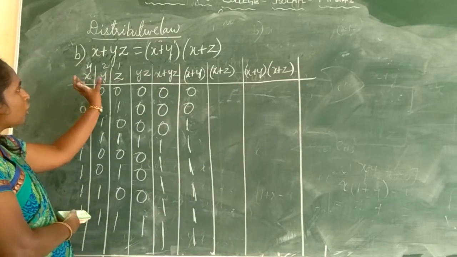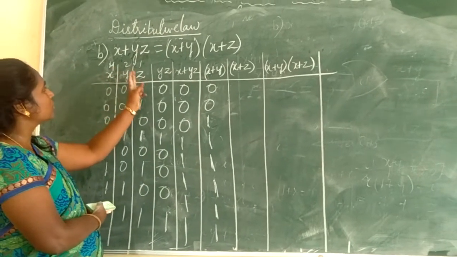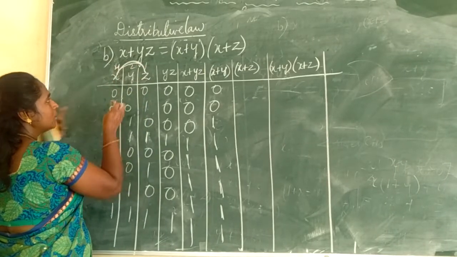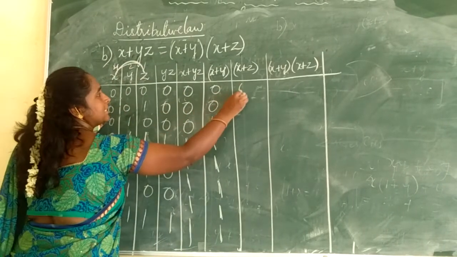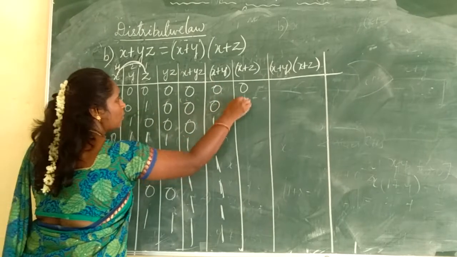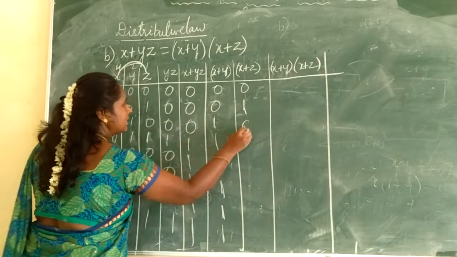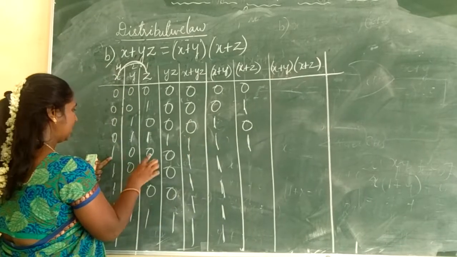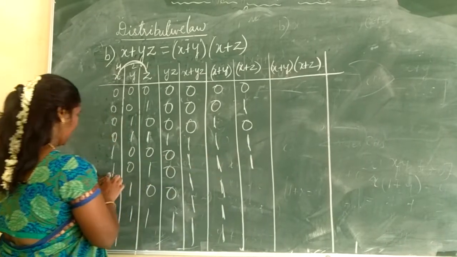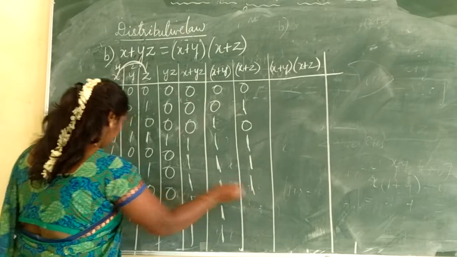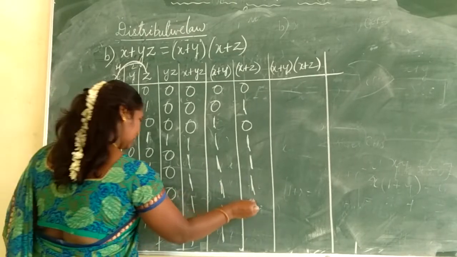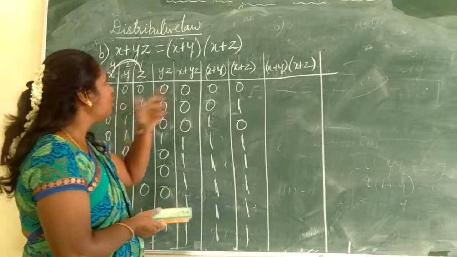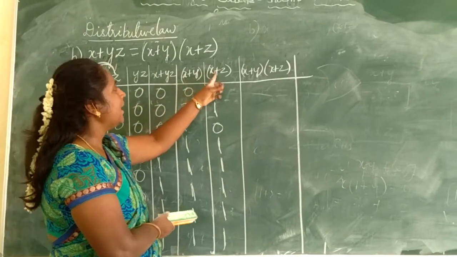Now do your logical addition with x plus z. 0 plus 0 is 0, 0 plus 1 is 1, 0 plus 0 is 0, 0 plus 1 is 1, 1 plus 0 is 1, 1 plus 1 is 1, 1 plus 0 is 1, 1 plus 1 is 1. So we have done your logical addition x plus y, x plus z.